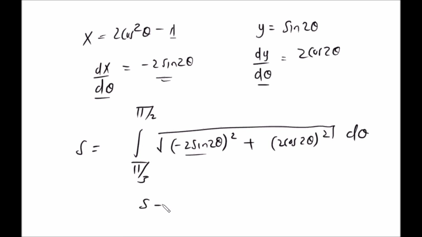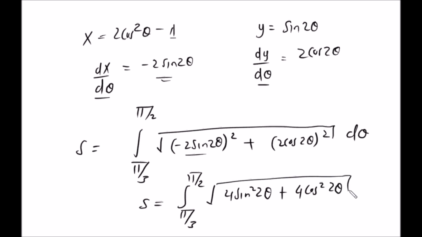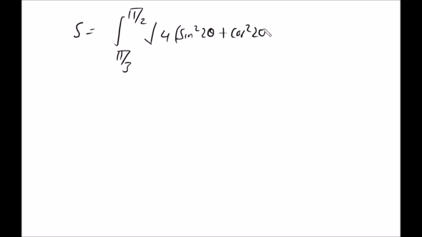So hapo tutapata 4 sin squared 2 theta jumlisha 4 cos squared 2 theta with respect to theta. So our length of an arc itakuwa ni we integrate now from pi over 3 to pi over 2 the square root of, so 4 iko nje, so ndani nabaki na sin squared 2 theta plus cos squared 2 theta with respect to theta.